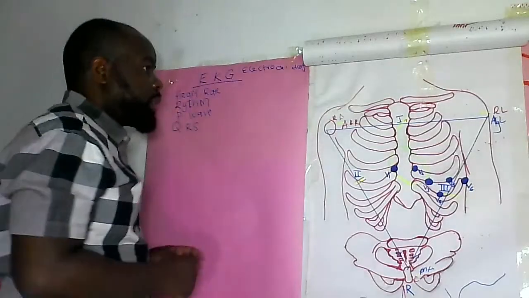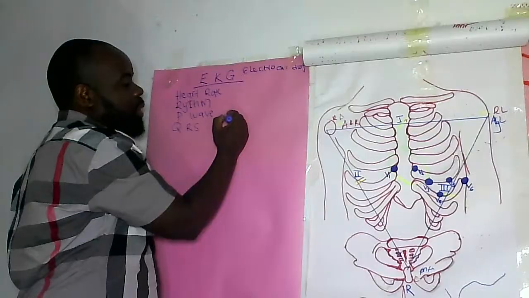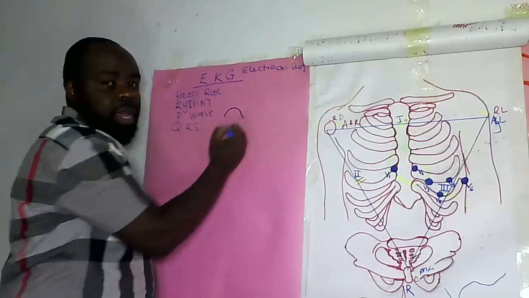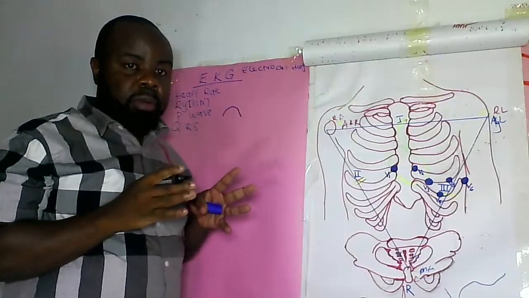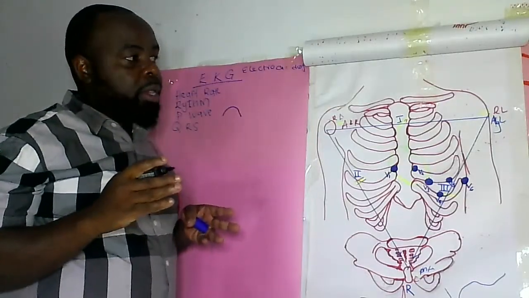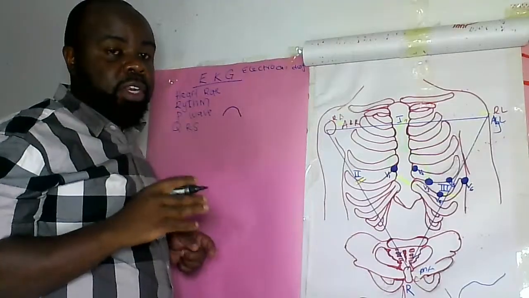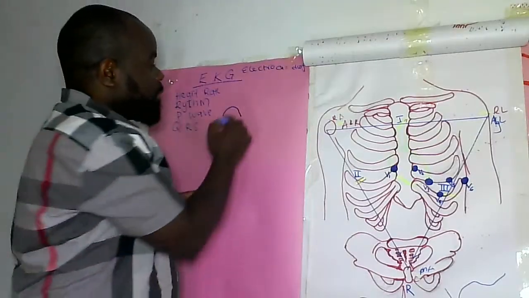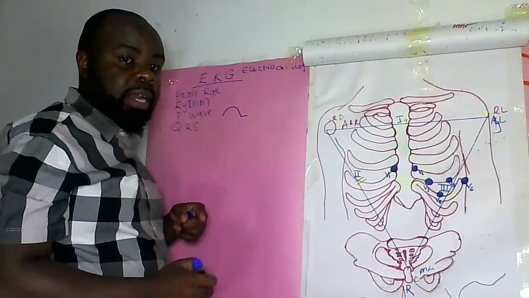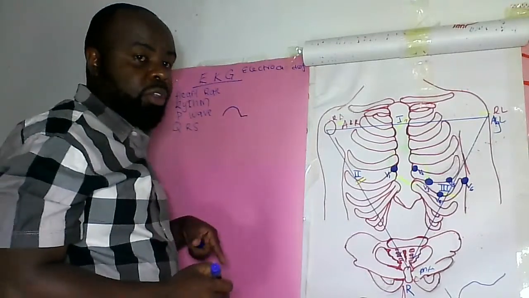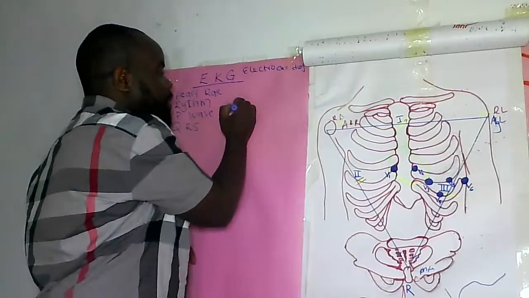So when the sinoatrial node contracts, you get something called a P wave. And when you get a P wave, there is a point of rest between the P wave and the atrioventricular node, so that the atriums can take blood to the ventricles.